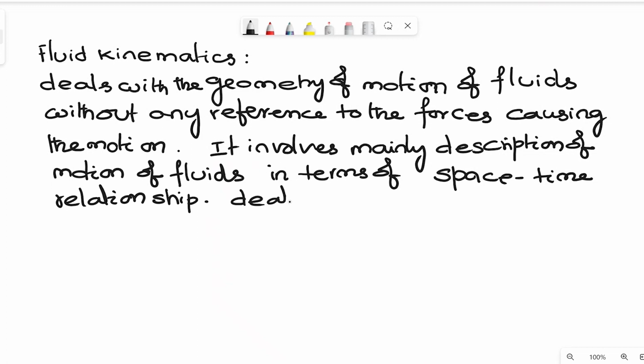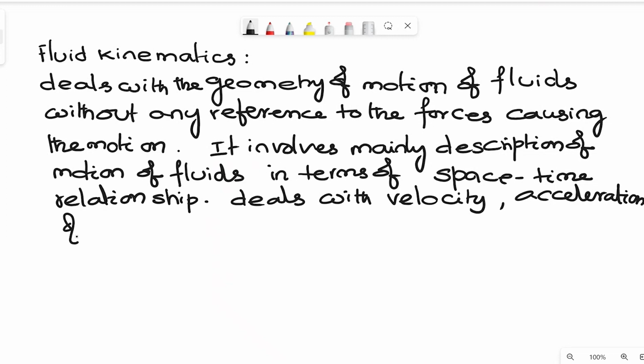Kinematics deals with the velocity and acceleration of the fluid.